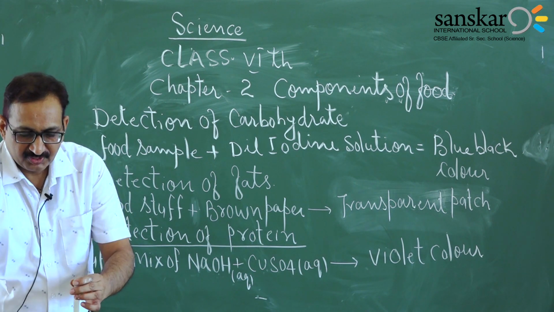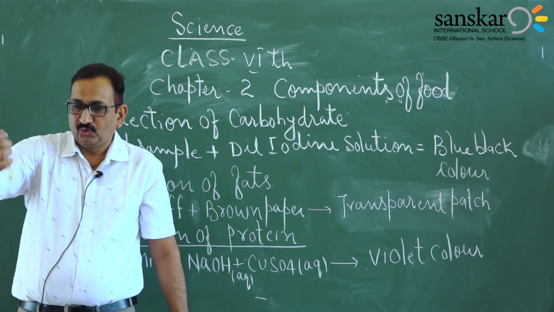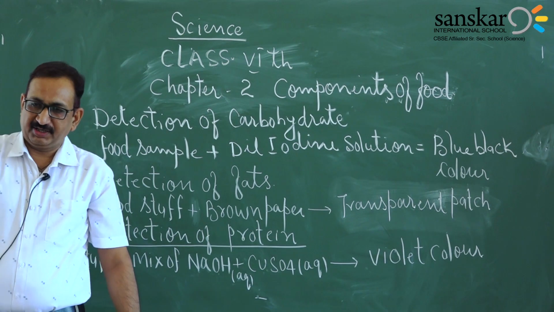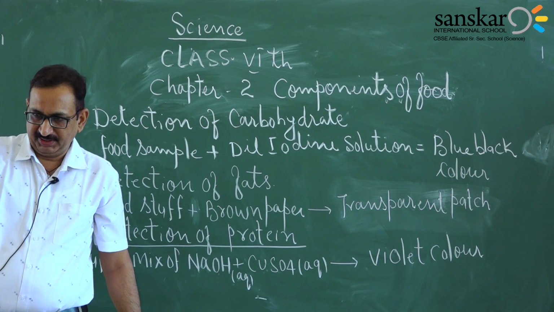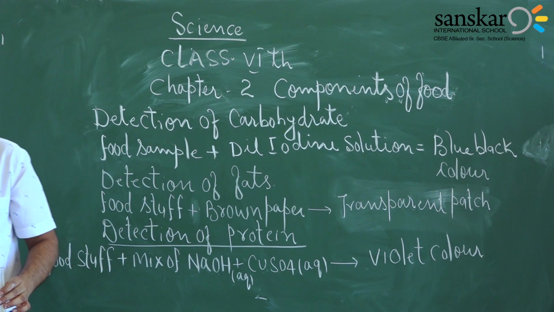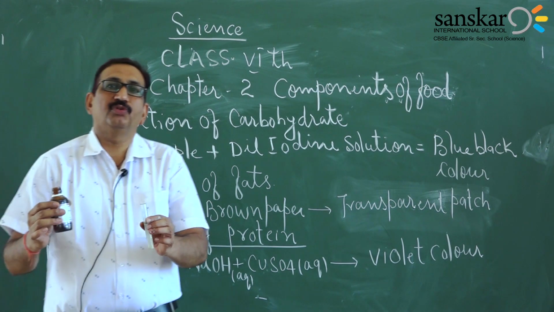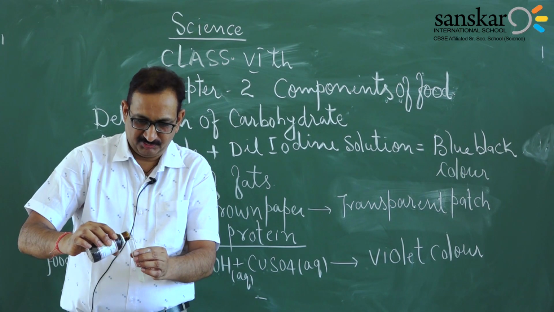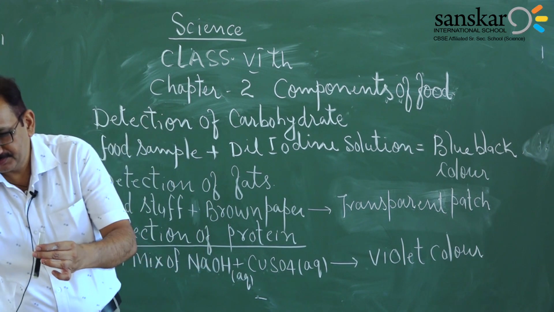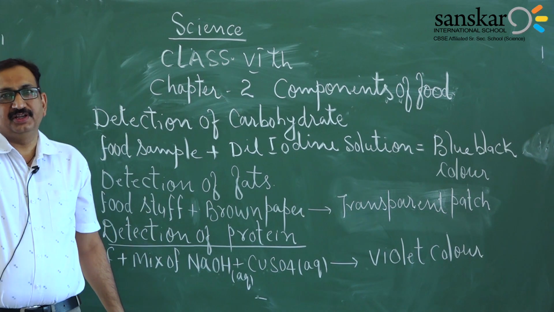So now this atta has got mixed in the water, students, correct? So this is the wheat atta with water added, and in this I am going to add 2-3 drops of iodine solution, students. 2-3 drops of iodine solution is enough, and you just see what kind of color is there.